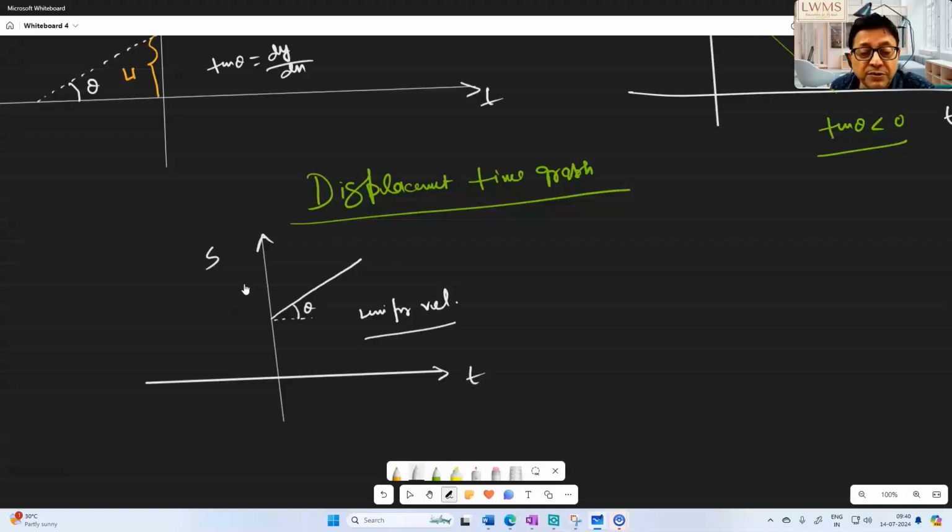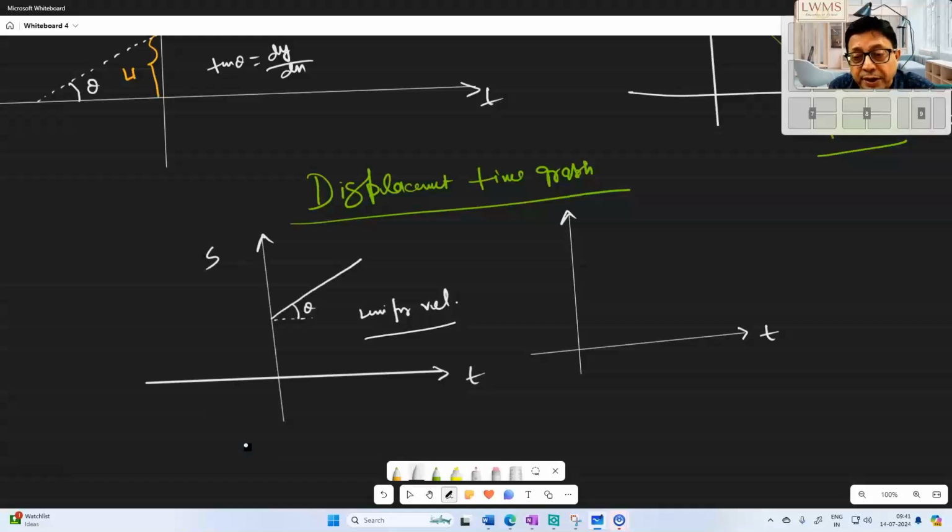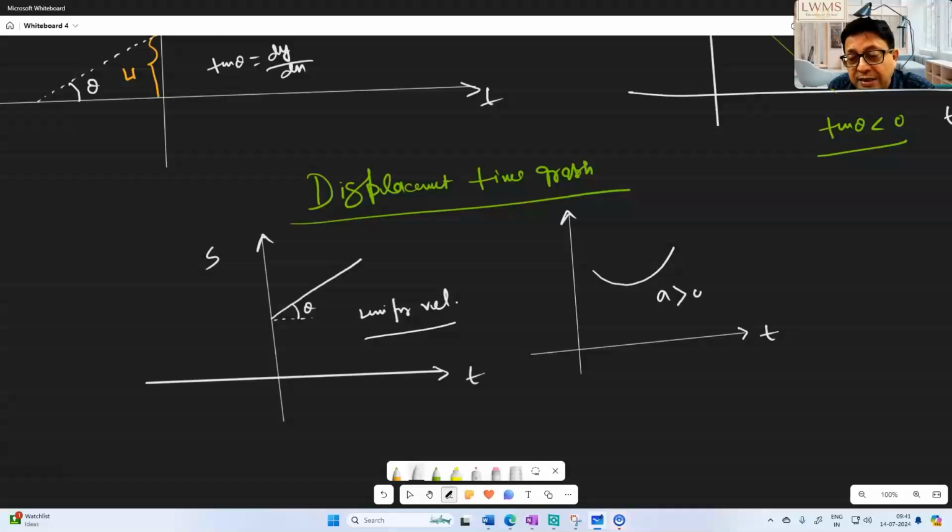But if velocity is variable, then what kind of graph is expected? If velocity is variable, then the ST graph will not be a straight line. The ST graph is going to be this kind of shape when acceleration is greater than 0.